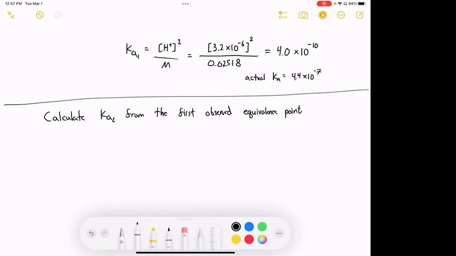Okay, so we're going to calculate this Ka2 now.